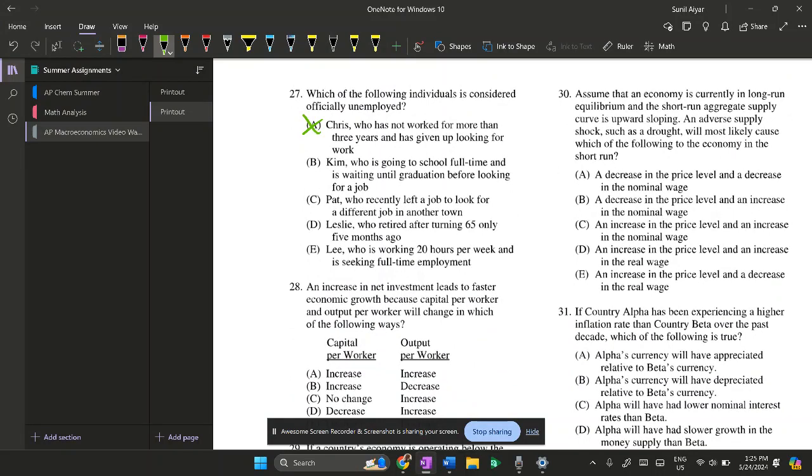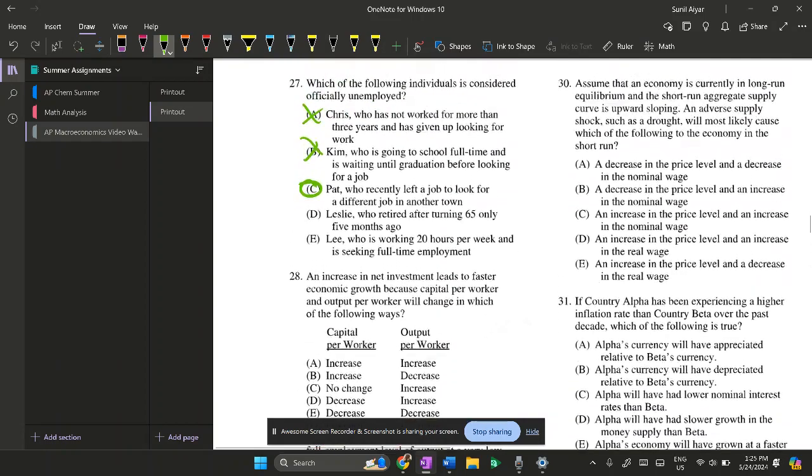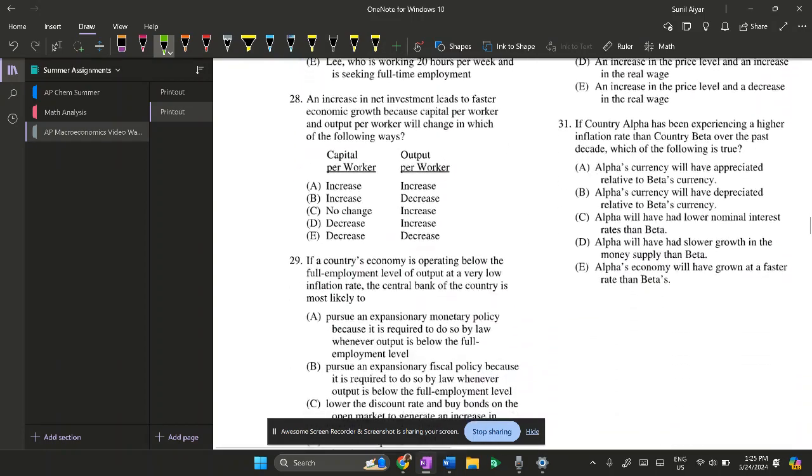Kim, who's waiting to go to school full time and is waiting until graduation before looking for a part-time job. Nope. Frictional. Bat, who recently left a job to look for another job in town. There you go. He's frictionally unemployed. Temporary. And he's officially unemployed.